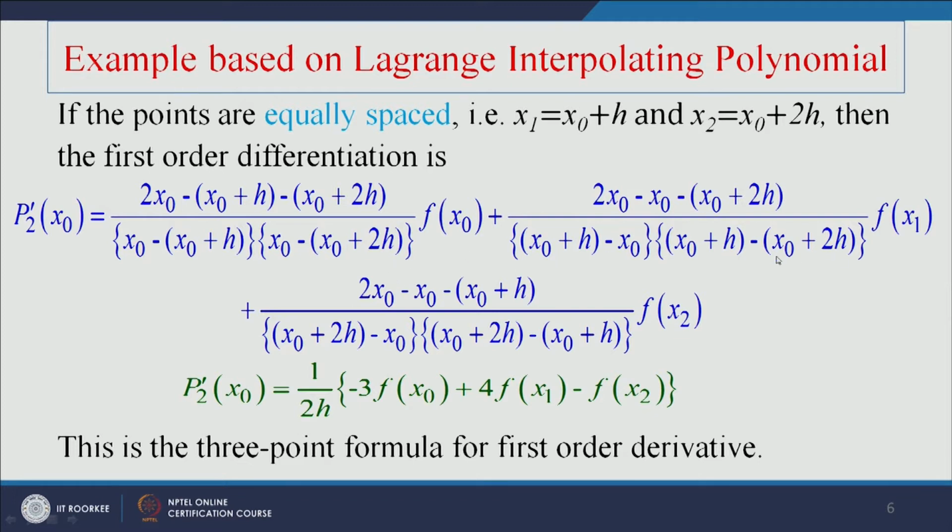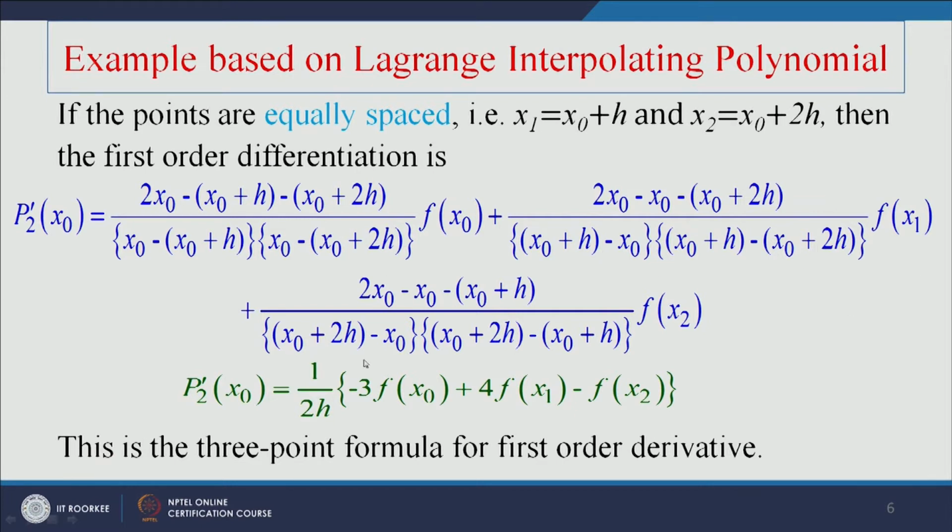Next, in the second term, 2x0 minus x0 cancels out, then 2h remains in the upper side. On the lower side, x0 minus x0 cancels out, then h remains, then h minus 2h, so minus h remains. So, minus h into h will generate h square.